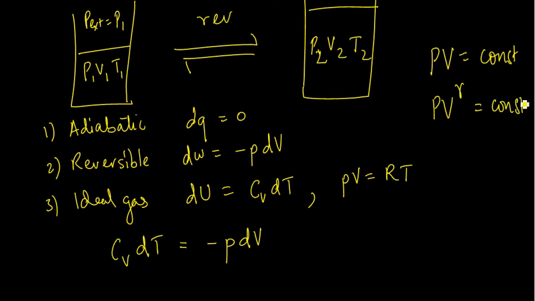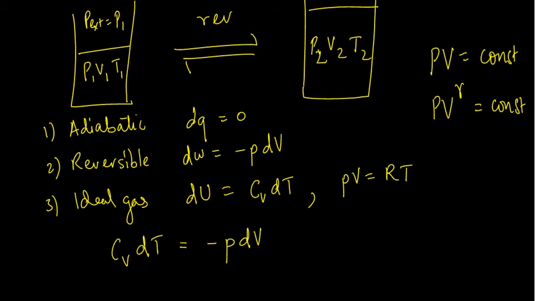These constants are not the same. This is what we are going to derive right now. You know that for the entire isothermal expansion, PV is a constant. But the ideal gas equation always holds true. So one should not get confused between these two things.